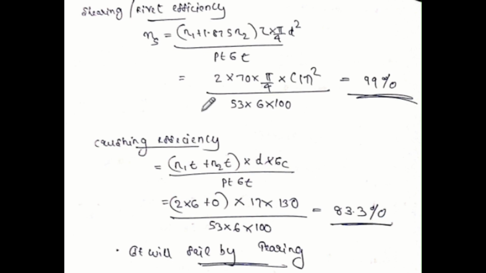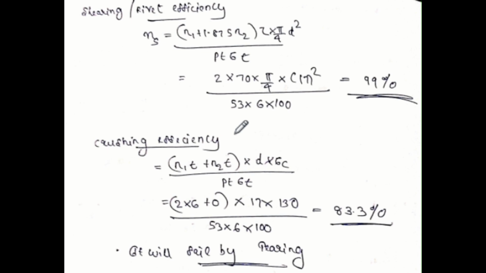These three efficiencies are based on the three phenomena: tearing, shearing, and crushing. So we compare the efficiency of these three methods. The lowest value of efficiency is for tearing efficiency, which we found to be approximately 67 something, right? That is what actually happens first to the rivet. That means it would fail by tearing. 67 percent is the lowest efficiency, so the percentage is small, and it would fail by tearing.